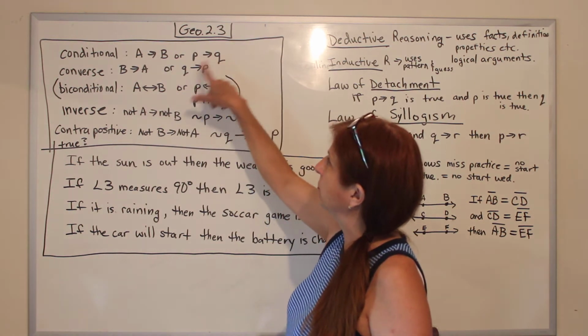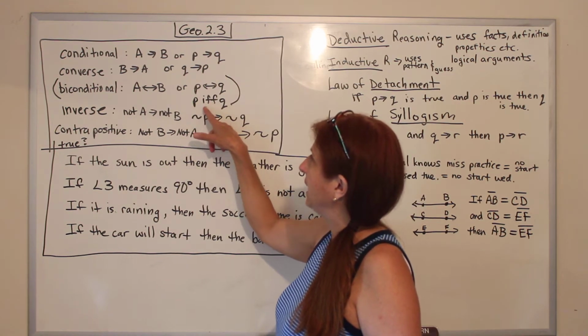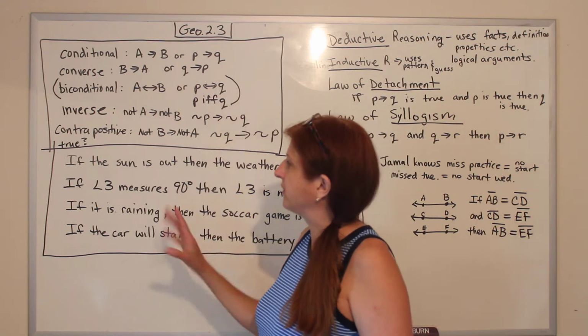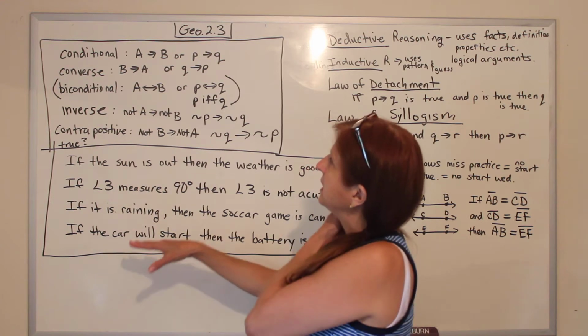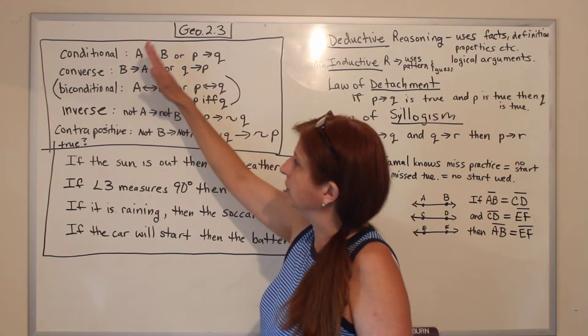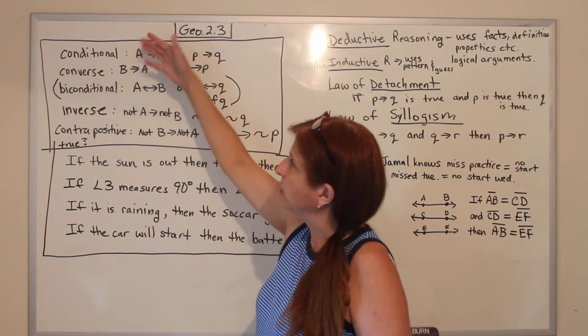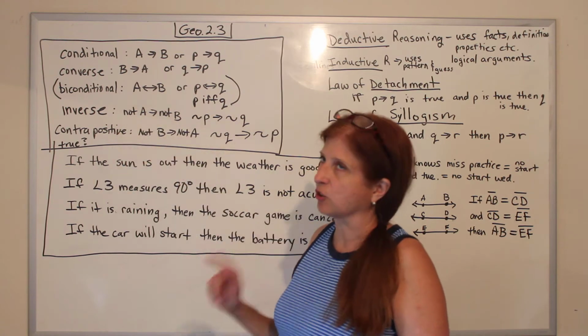See how it was just one way here? Or also it could be written P if and only if Q. That's biconditional also. I put that in parentheses because we're going to practice these with these statements, but we won't do all of them every time. The main four we're going to do is that we'll be given the conditional, we'll do the converse, the inverse, and the contrapositive.